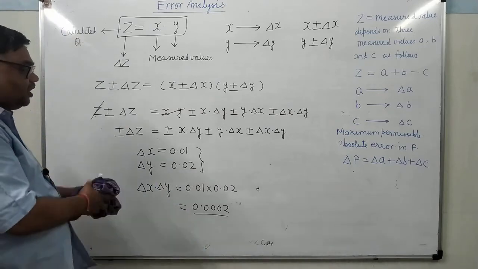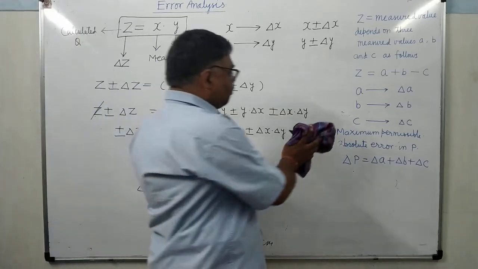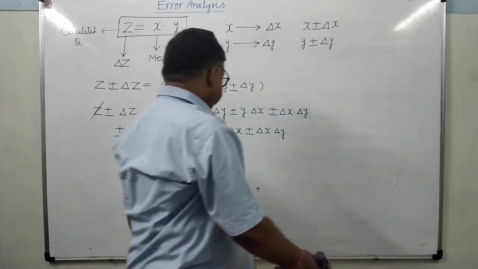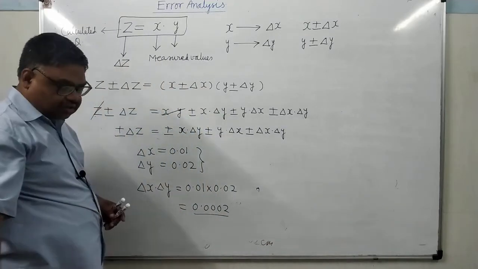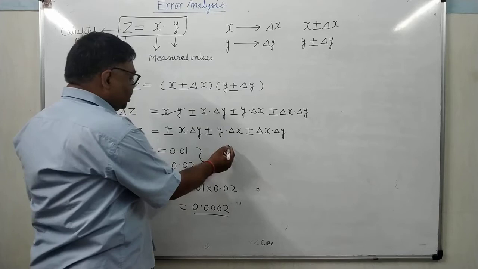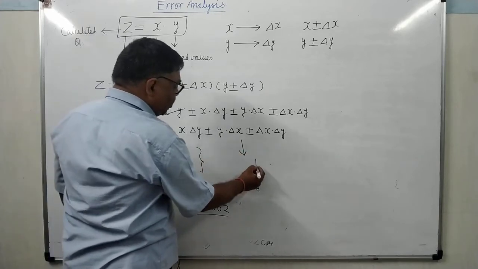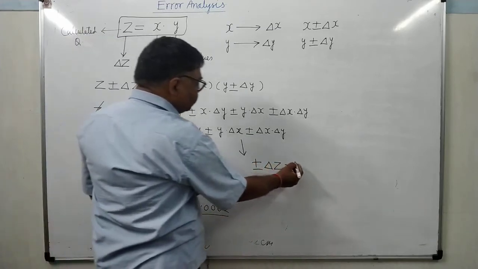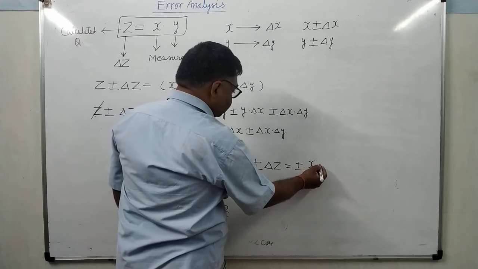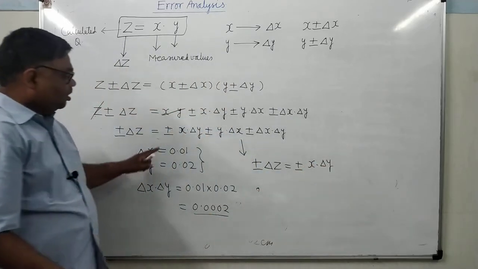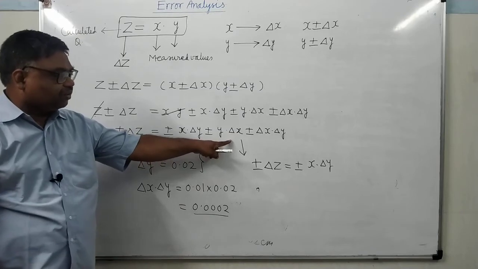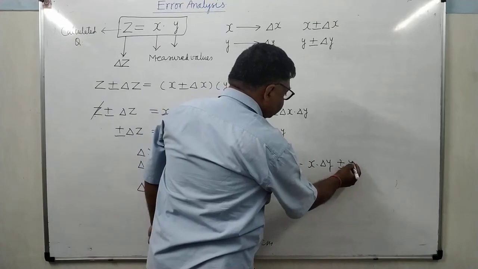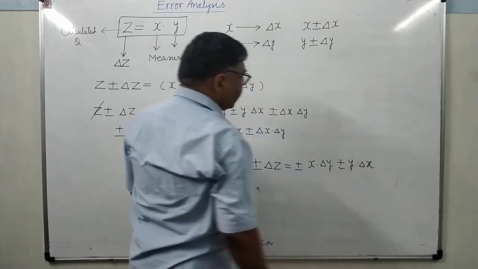And when you neglect it, when you drop it, what will happen? On dropping it, the relation will become plus minus delta Z equals plus minus X into delta Y plus minus Y into delta X. Only these terms will be left; the other term can be neglected because of its smallness.